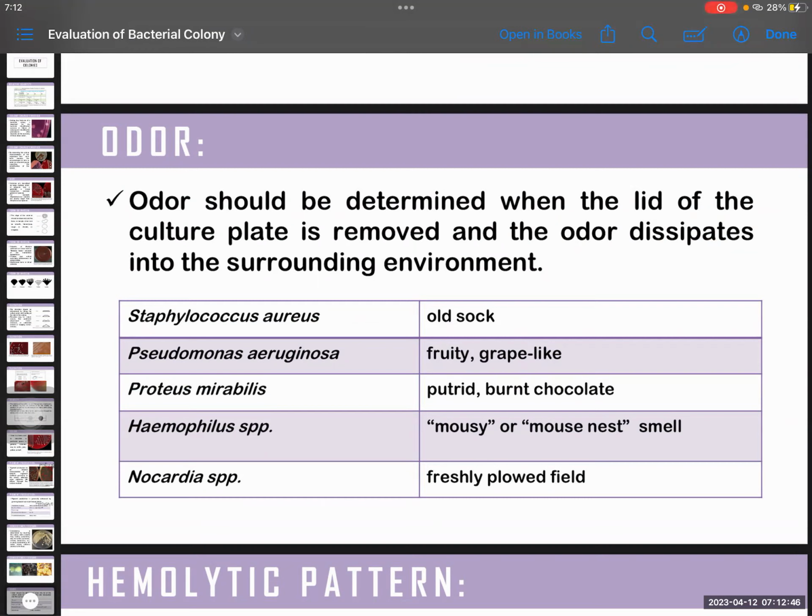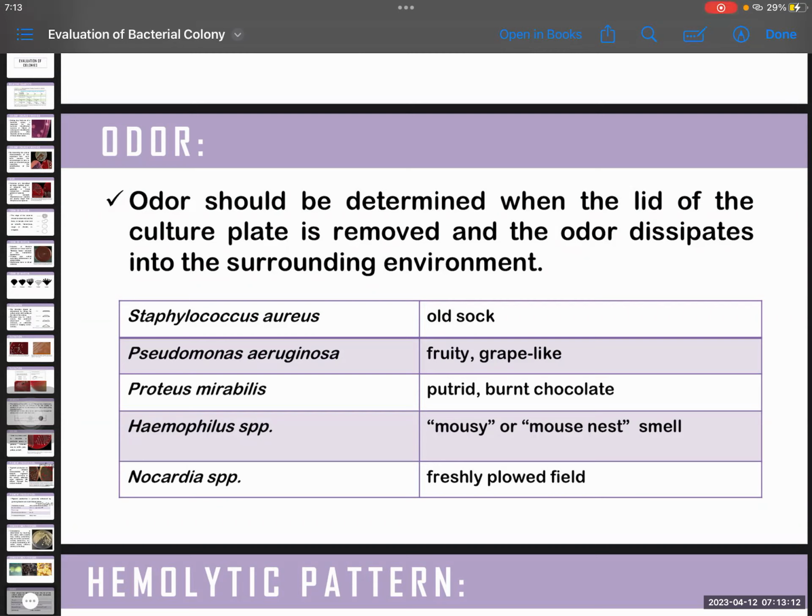Per my personal experience, they all smell the same. They smell bad. I haven't actually encountered a specific or distinct smell for different organisms. I've dealt with a lot of different types of organisms during my duties before, but they all smell the same to me.